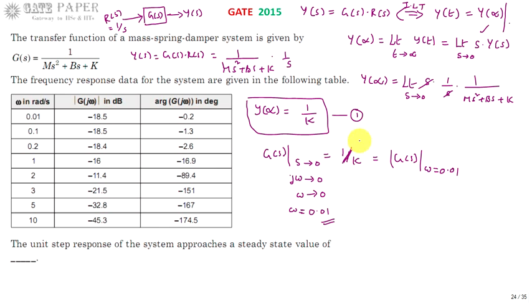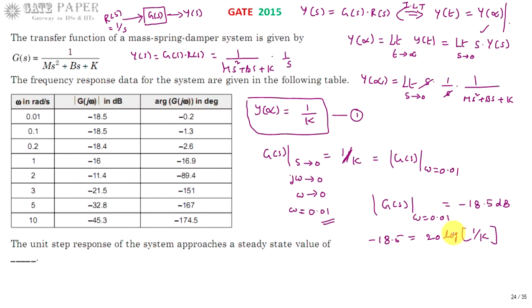But this 1 by k is a numerical value, whereas the gain is given in decibels. So G of s with omega equal to 0.01 is given as minus 18.5 decibels. Decibels cannot be given for k; k is a numerical value. So first you have to convert these decibels into a normal value, and that value will be given to 1 by k. So minus 18.5 decibels is equal to 20 log of 1 by k, because 1 by k is given in decibels as minus 18.5.